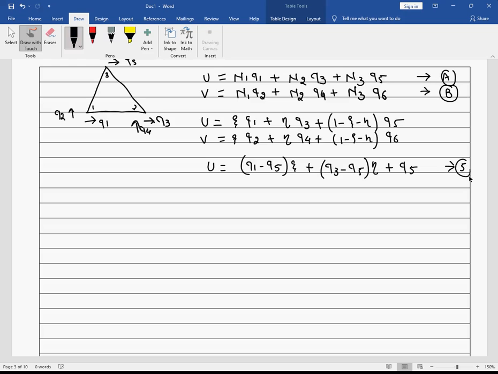I can call this equation 5. V equal to (Q2 minus Q6) zeta plus (Q4 minus Q6) eta plus Q6. So this is how I can write equations 5 and 6.